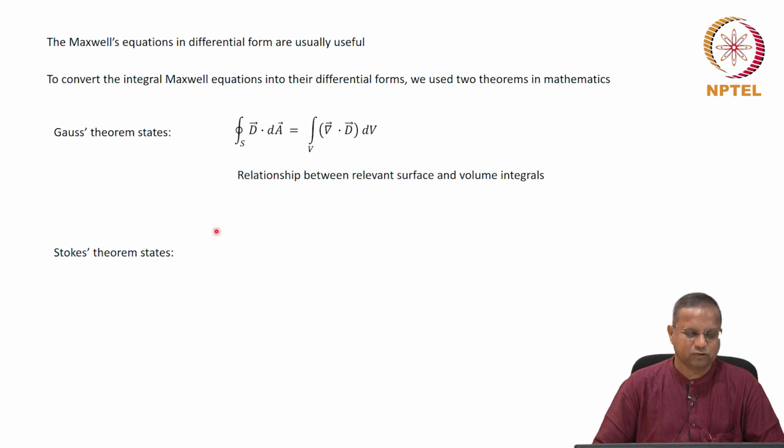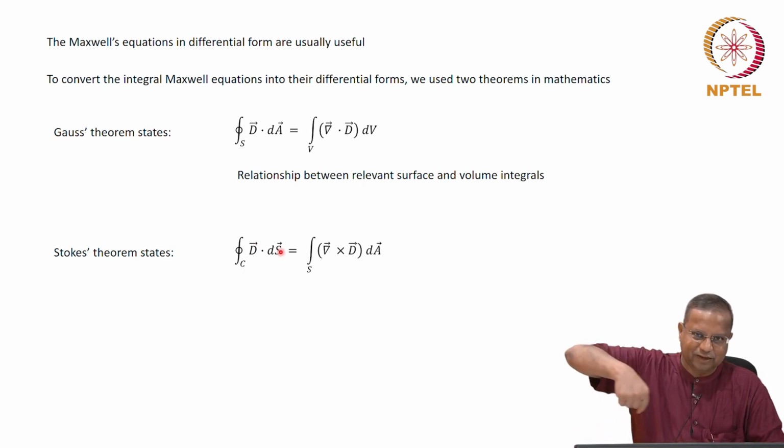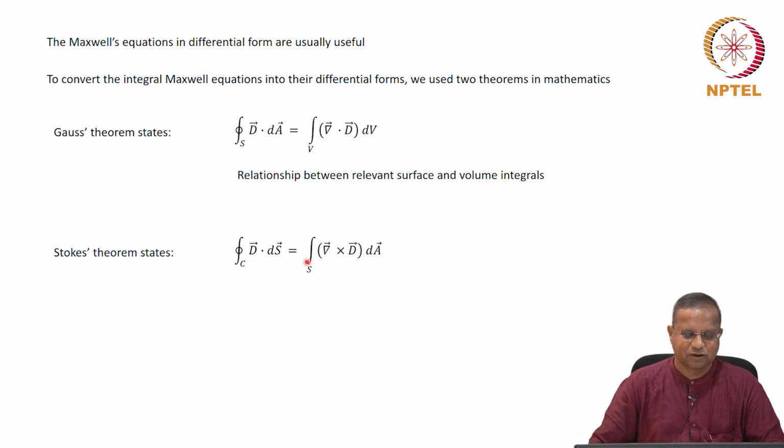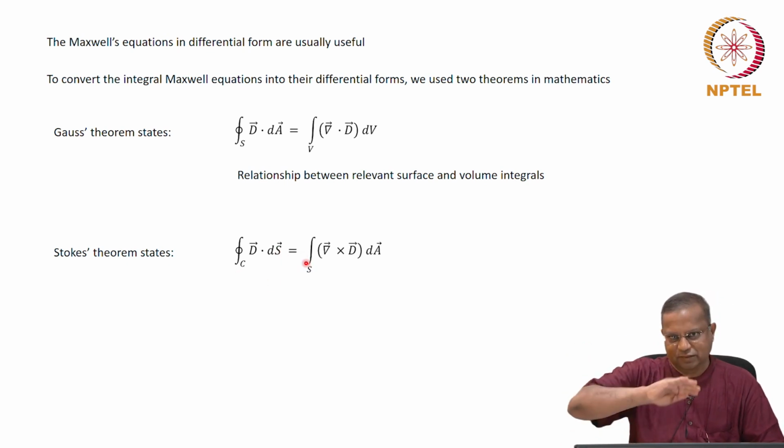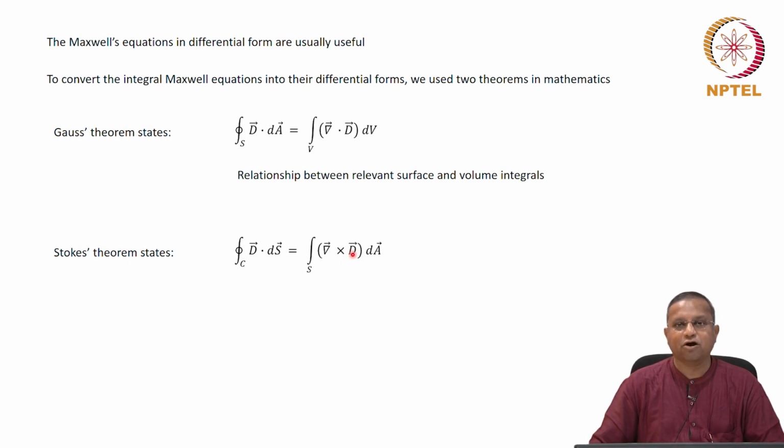The second theorem is Stokes' theorem. You want to recall that also. If you want, please pause. Stokes' theorem states that the contour integral of D dot ds, remember that ds is a vector along the contour, equals the surface integral of del cross D dot dA.